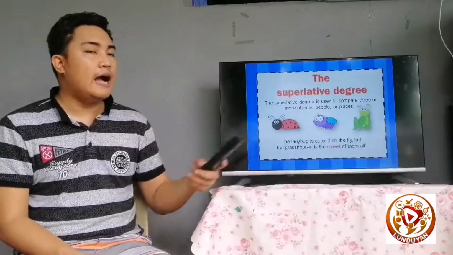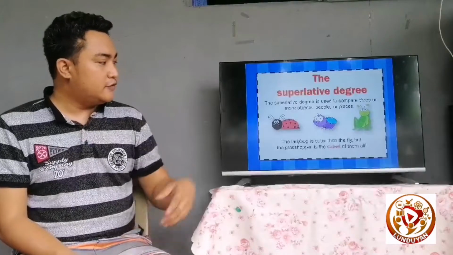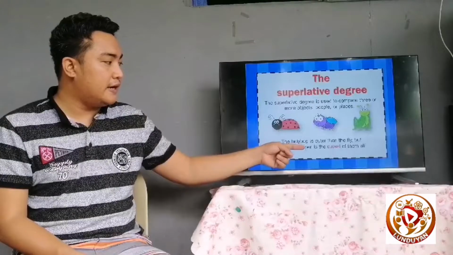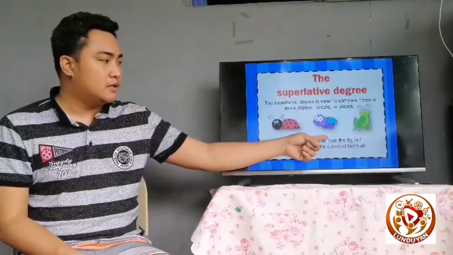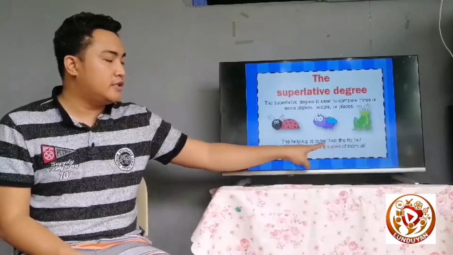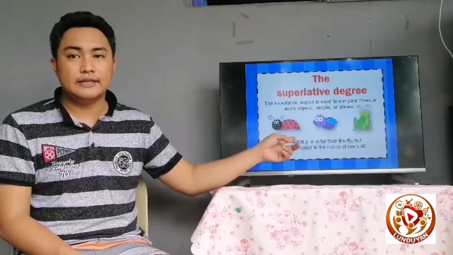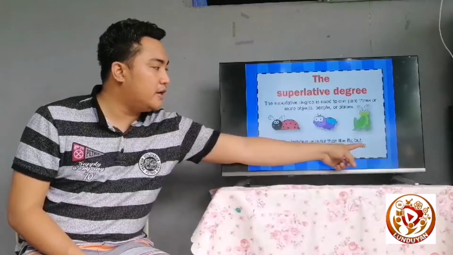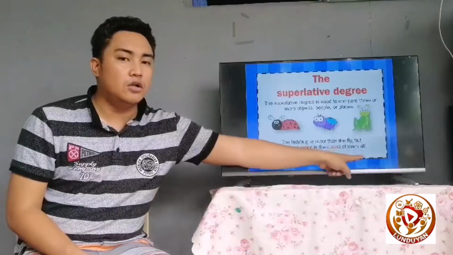Now look at how the sentence is constructed. The first part of the sentence is actually comparing the ladybug and the fly. So there, we use the word cuter. We add ER because this one is considered a comparative degree. Now, if we continue with the but, the grasshopper is the cutest of them all.